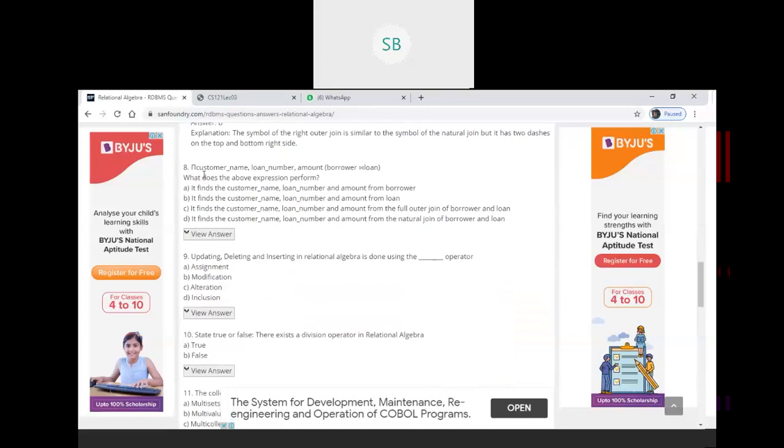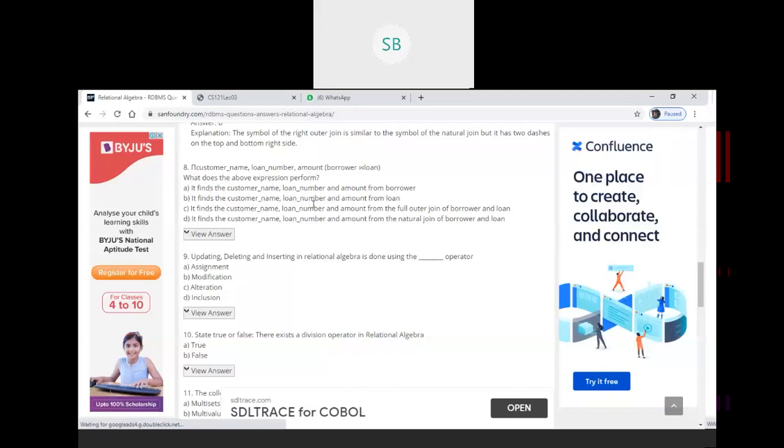Projection of customer name, loan number, amount, borrower join loan. What does the expression perform? It finds the customer name, loan number, amount from borrower. It finds the customer name, loan number, and amount from loan. It finds the customer name, loan number, and amount from the full outer join of borrower and loan.